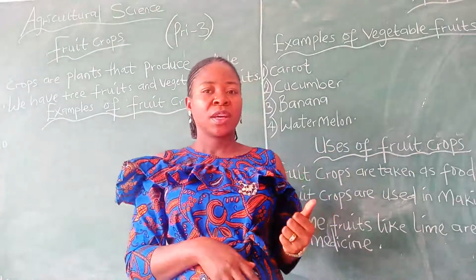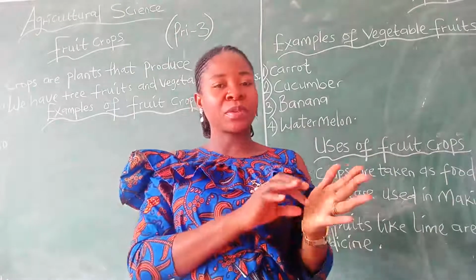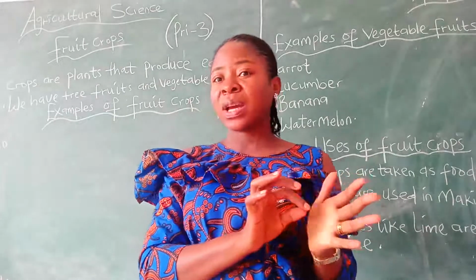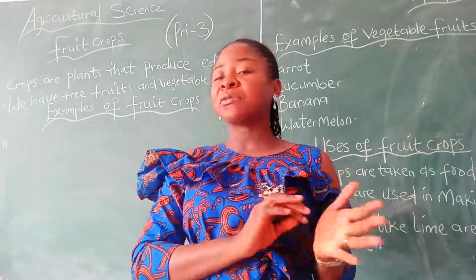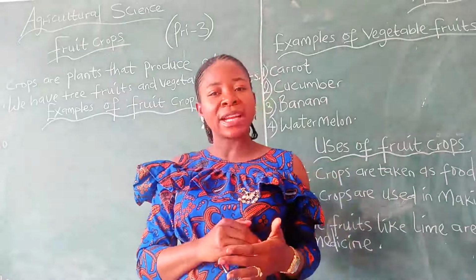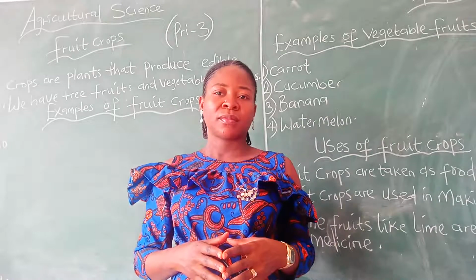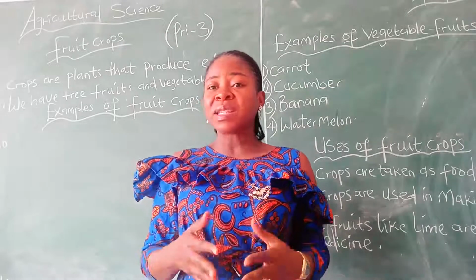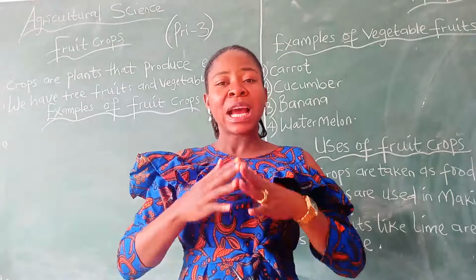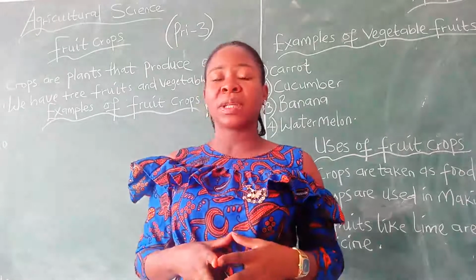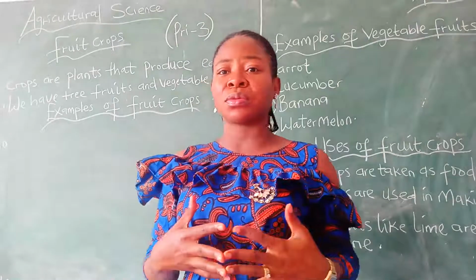When you buy it, you see some have grape, mango, apple, different flavors. Where are they gotten from? From fruits. Sometimes we can even mix our fruits, grind them, and drink them. They are also juice.